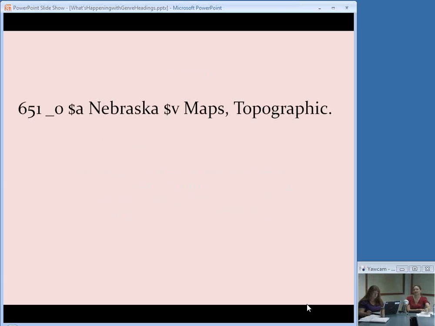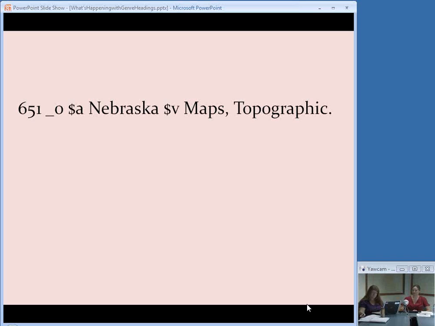The one case in which form subdivisions have been canceled in favor of using genre terms was with the cartographic materials, the maps. In that case, they have changed the form subdivisions. Anything that is a map form subdivision qualified by a particular type of maps, like this one for topographic maps, those subdivisions have been canceled.